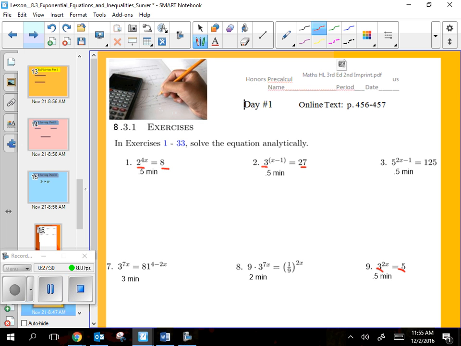You can take log of any base you want. What base might be smart to use? Log base 3. Or you could rewrite this. Remember me saying anytime things get tricky, you can often rewrite them? I could rewrite that as a log. Log base 3. Jump to the other side of 5. Anyway, I'll let you finish it from there.